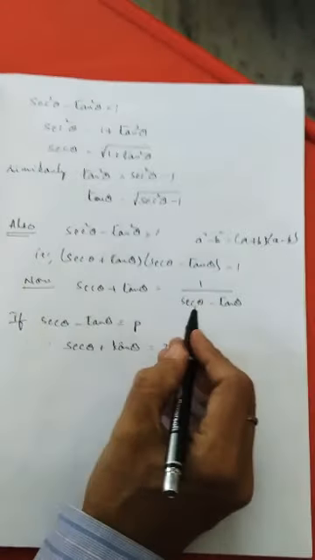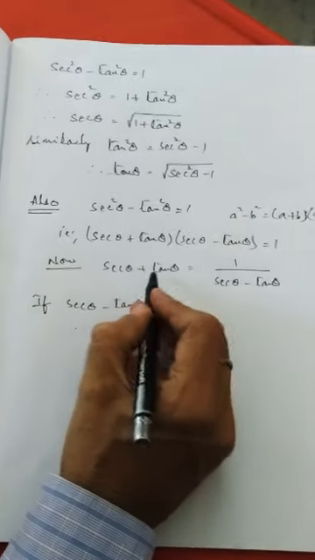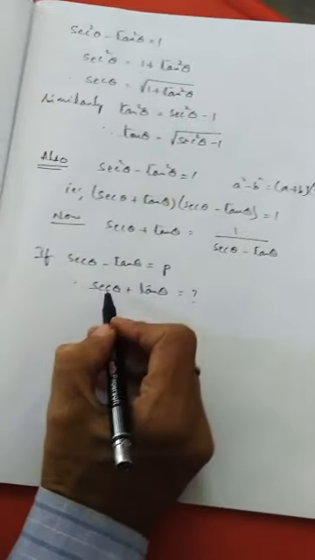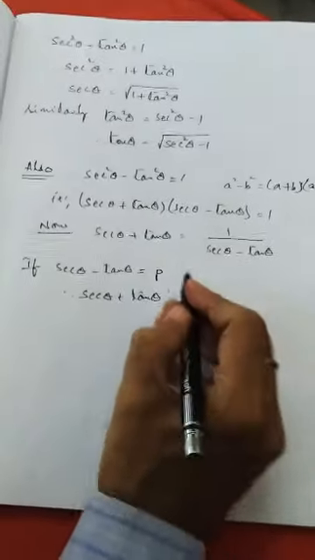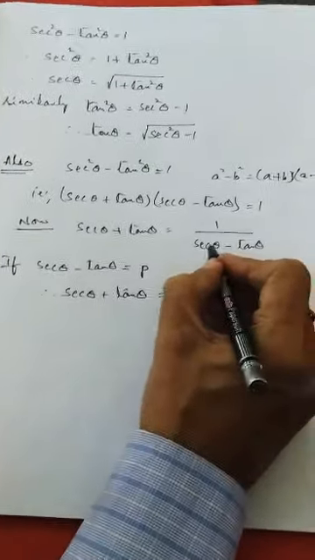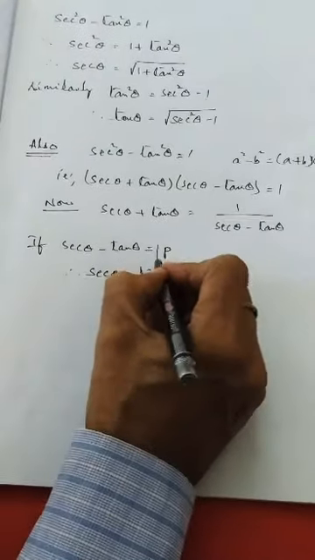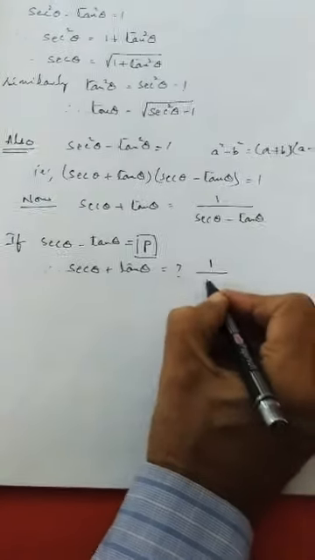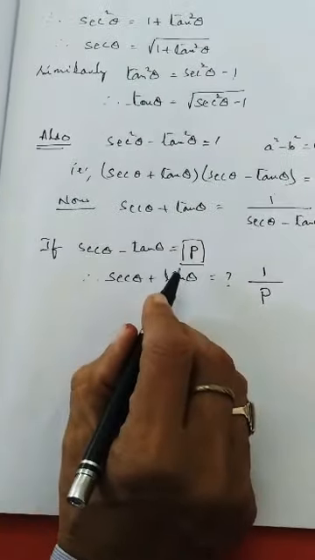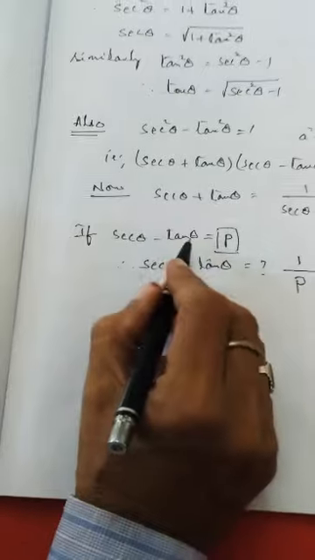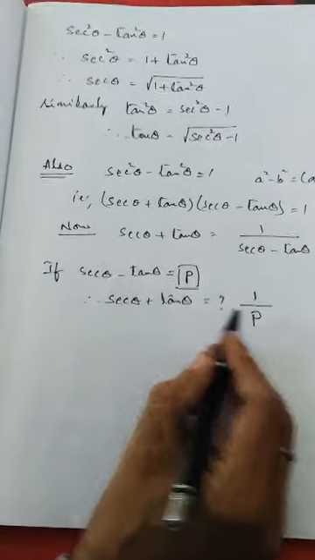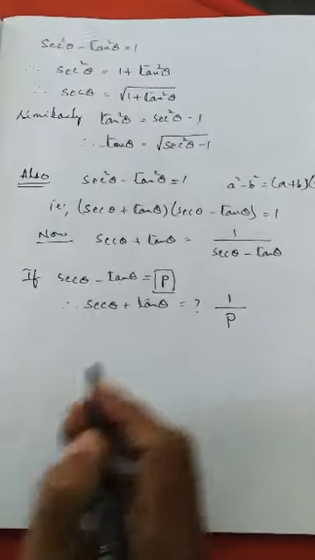When secant theta plus tan theta is equal to 1 by secant theta minus tan theta, and we took secant theta minus tan theta as P, therefore it is equal to 1 by P. You remember for objective, if secant theta minus tan theta is equal to P, then secant theta plus tan theta is equal to 1 by P.